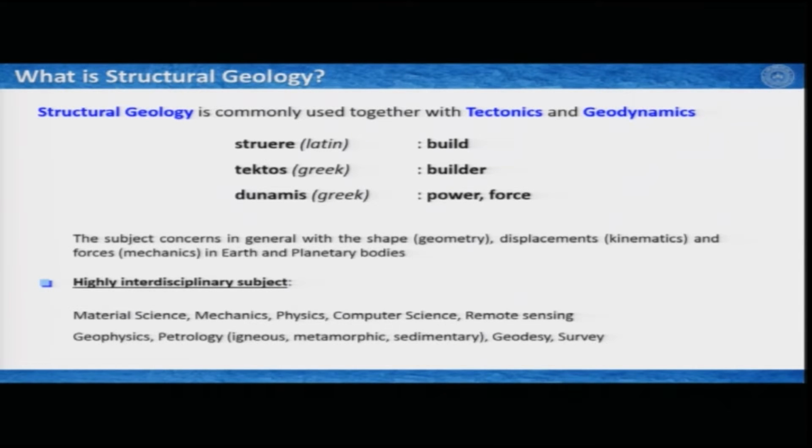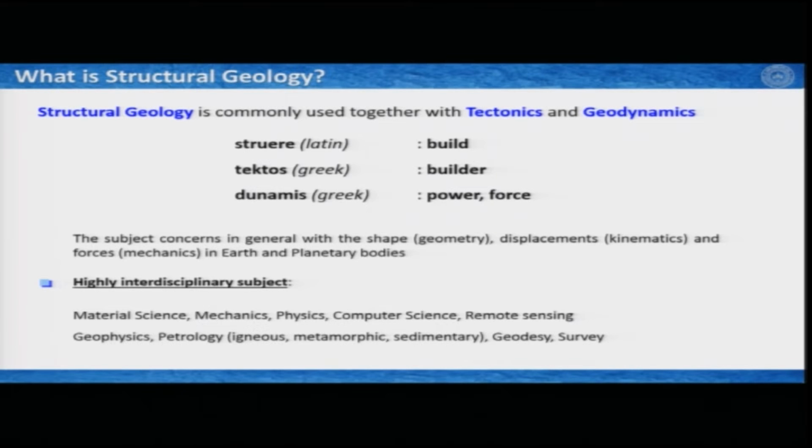Geology, well, geo means the earth, it is also a Greek word. So these three terms, structural geology, tectonics and geodynamics, from the origin of these words, suggest that with the action of power and force, you can build something, and there is a builder for that.